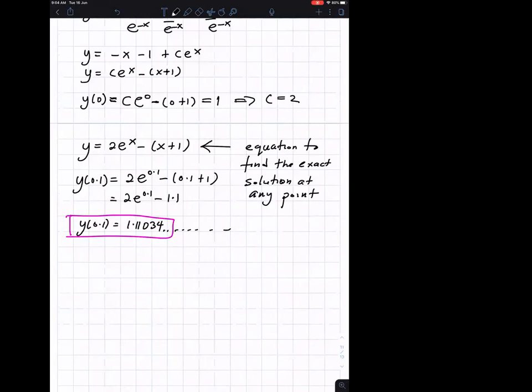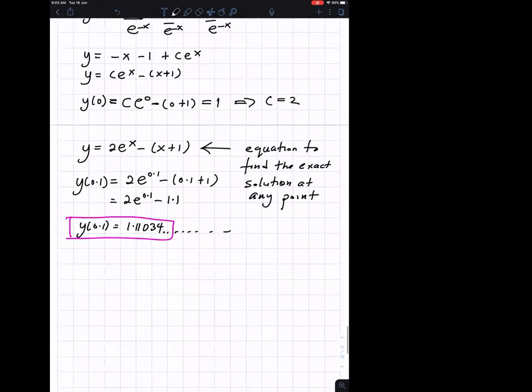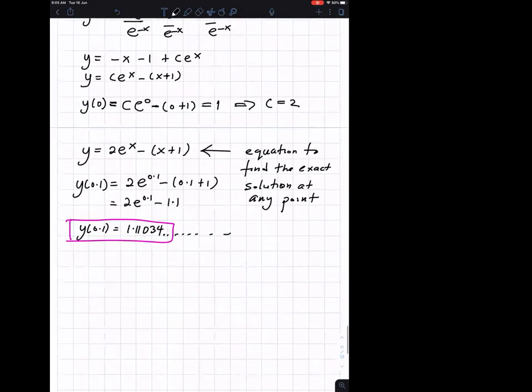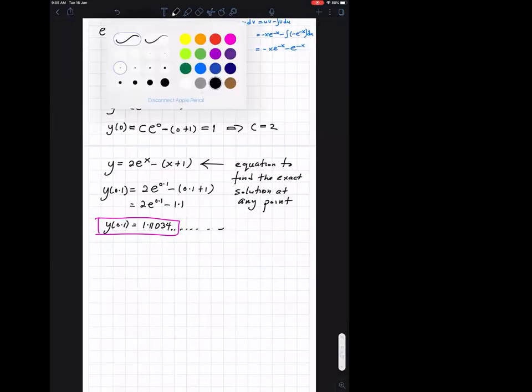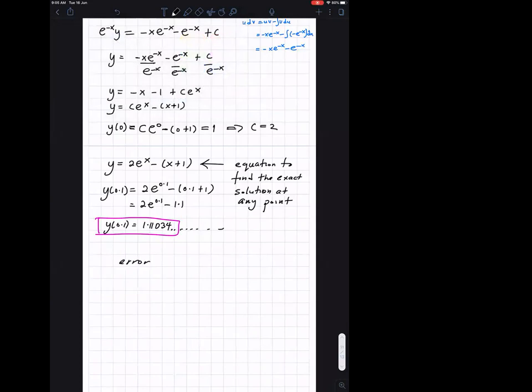Right now, we are only up to 5 decimal places. So if I ask you to calculate the error at 5 decimal places, of course, you know, error is 0. Right or no?